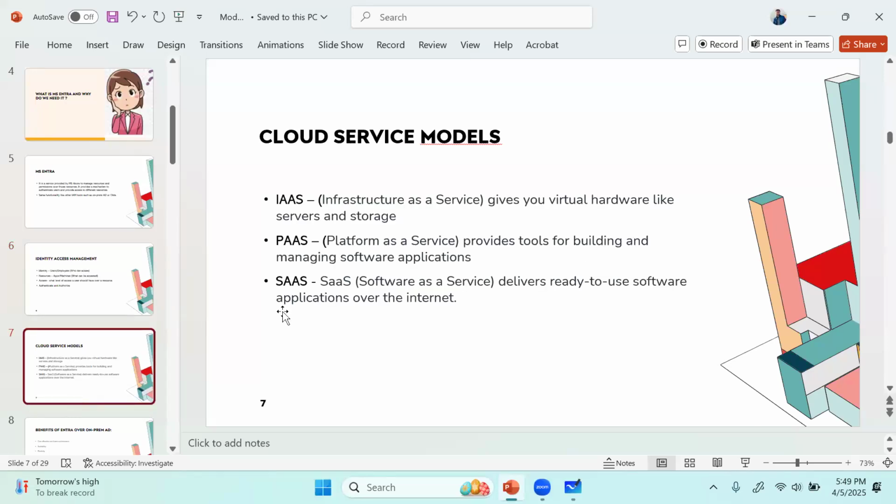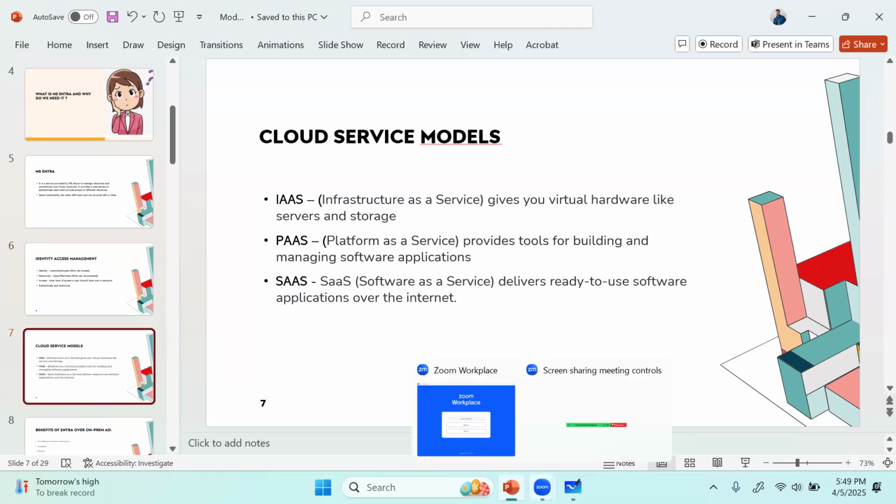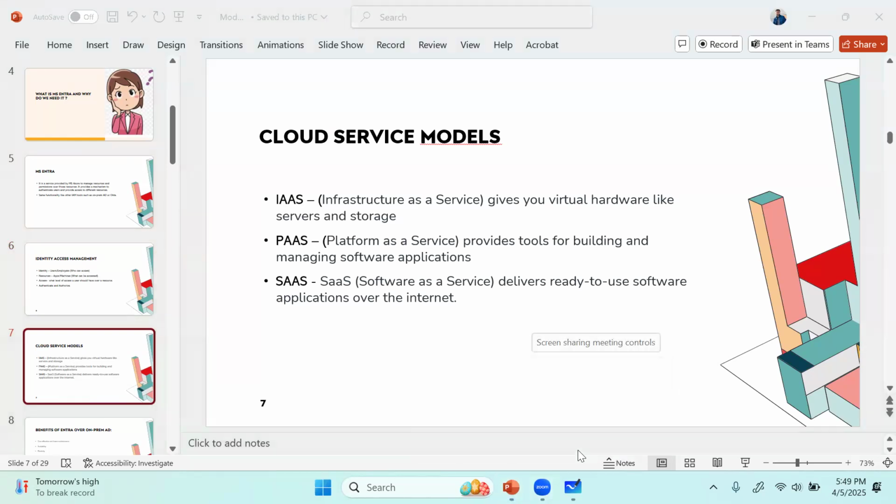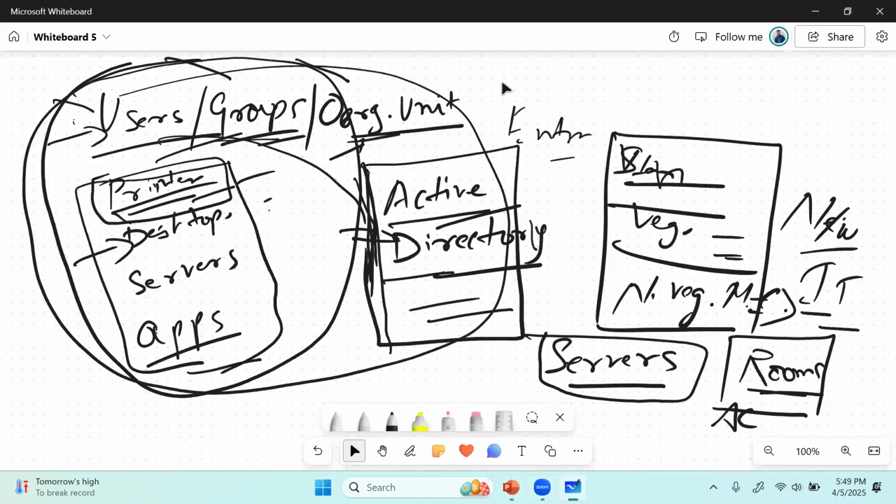Have you ever heard about these terms, IaaS, PaaS, or SaaS? I would like to see a couple of responses. Yes, no, maybe, anything if you have heard of these.